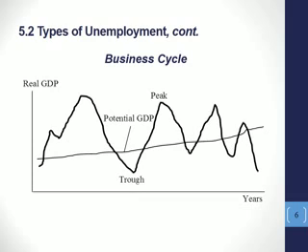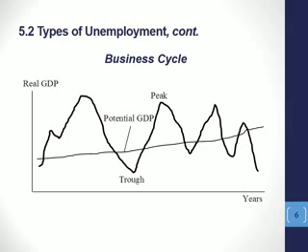So what do we mean by potential GDP? We mean by potential GDP the maximum level of production when the economy is reaching its maximum capacity, when the economy is using its resources to its maximum capacity.